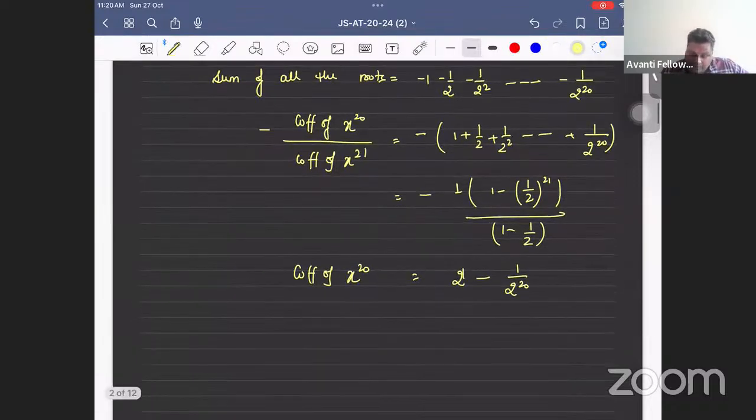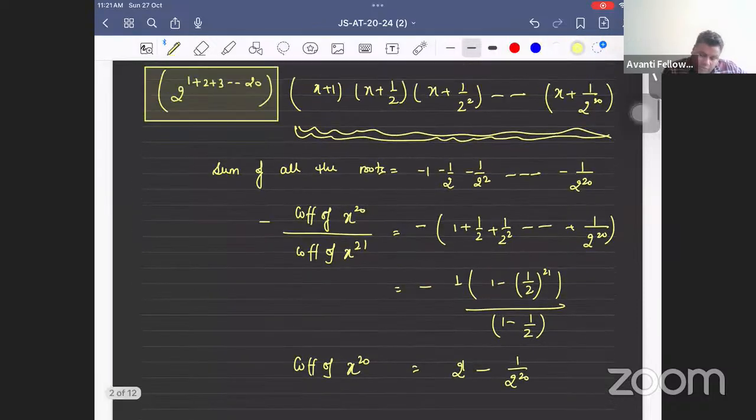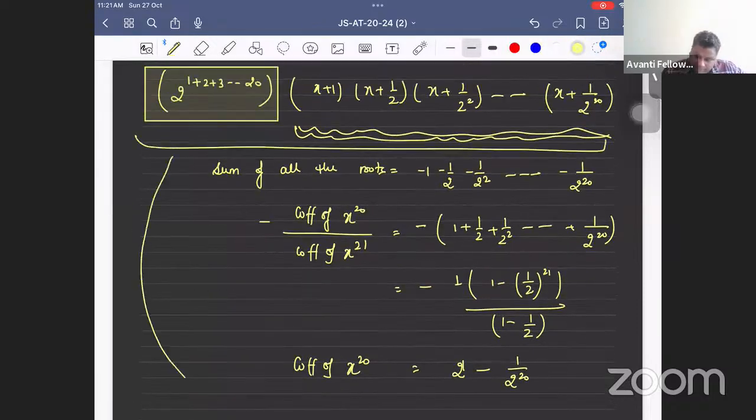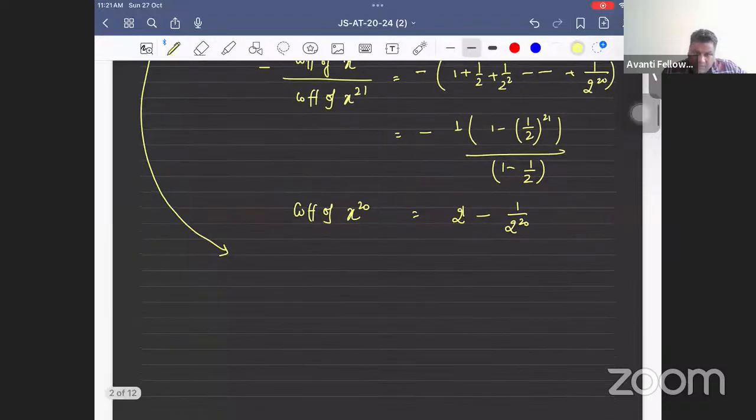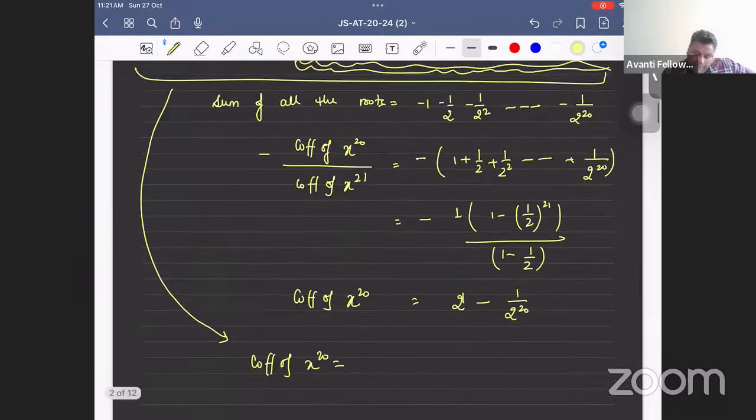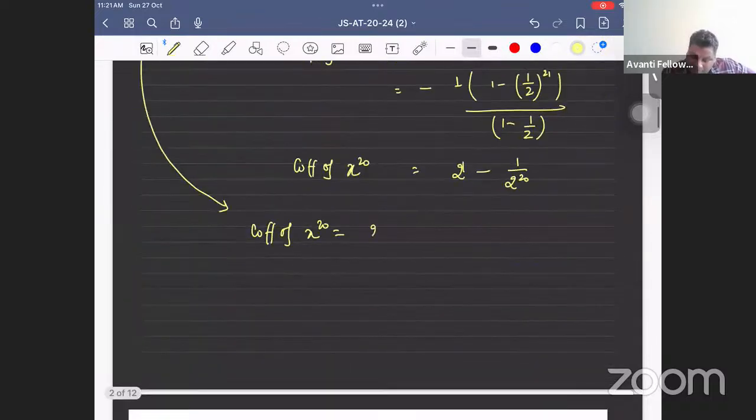Got it? Now in the overall expression, what will be the coefficient of x to the power 20? Now we multiply by 2 to the power 20 into 21 upon 2, into 2 minus 1 upon 2 to the power 20.